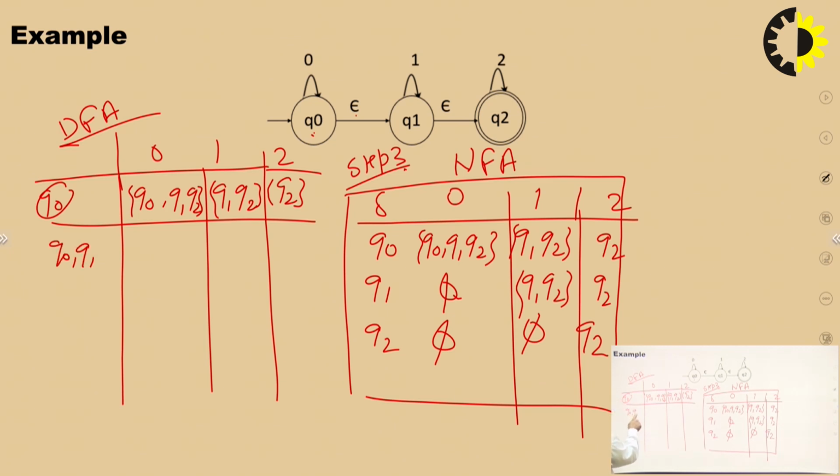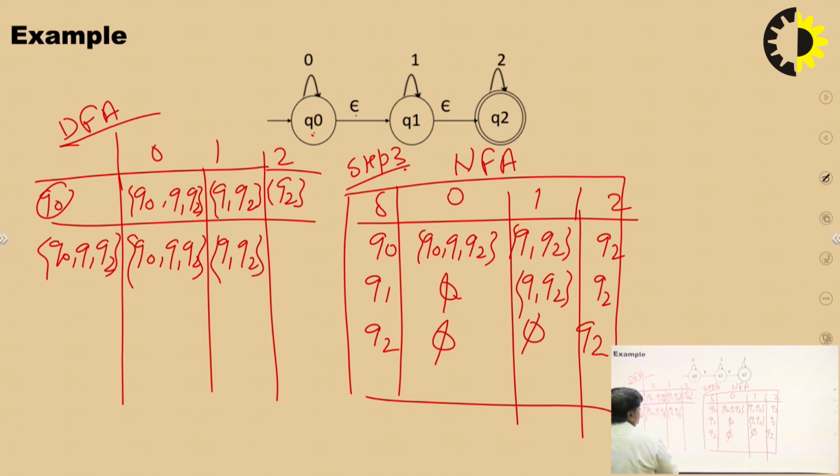Now for Q0, Q1, Q2, we check the transition on 0. The same state is available, Q0, Q1 and Q2. On 1, that is Q1, Q2. On 2, we take the union of these three states, which is Q2.